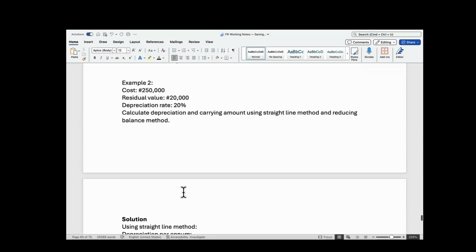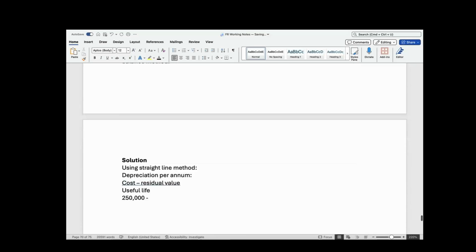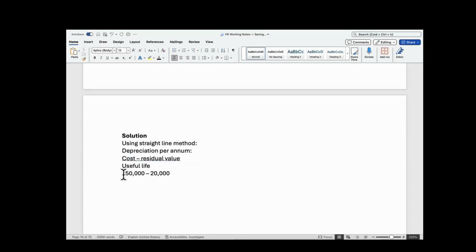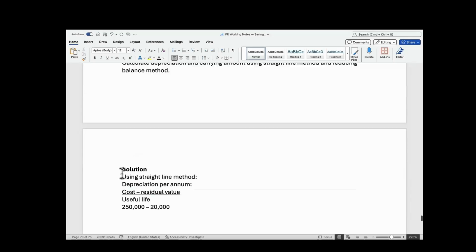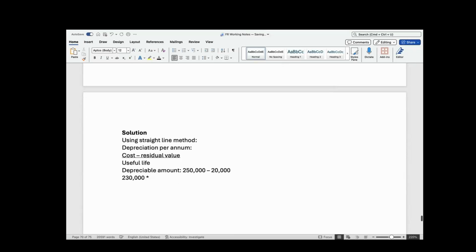My cost in this instance is 250,000. My residual value is 20,000. Now, in this case, I was not given my useful life, but what do I do? Cost minus residual value already gives me my depreciable amount, which in this case is 230,000. You just multiply it by the depreciation rate.